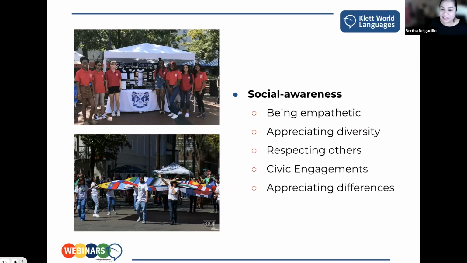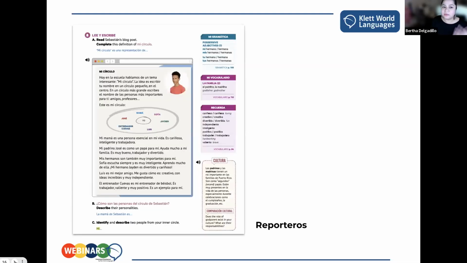It's by understanding the differences that they will learn to appreciate. But if we don't bring those voices, then they don't have the opportunity to appreciate the differences and to develop that empathy.